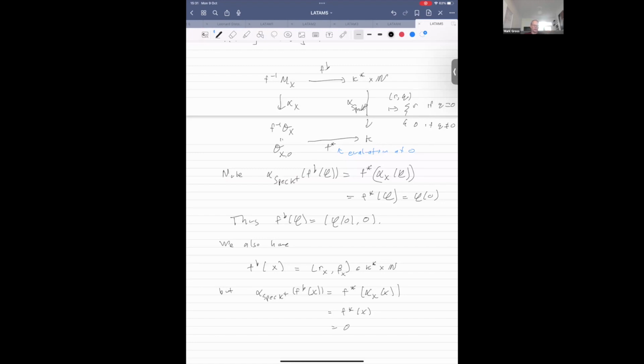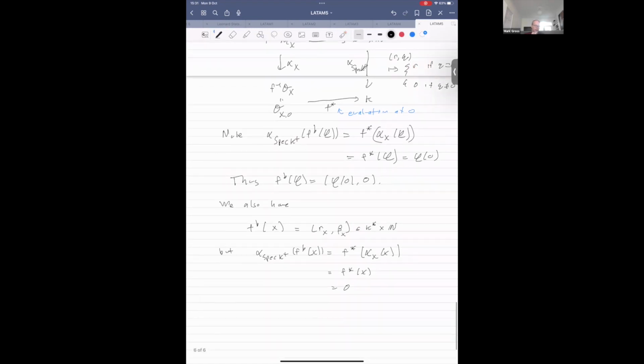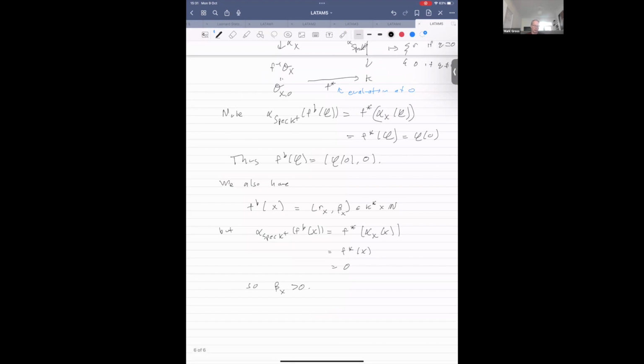So that tells us one constraint, which is that beta x should be greater than 0. Otherwise, if beta x was 0, then alpha spec k dagger would be not 0, but would be Rx. So we have beta x greater than 0. Okay, so it's a natural number, but it's positive.